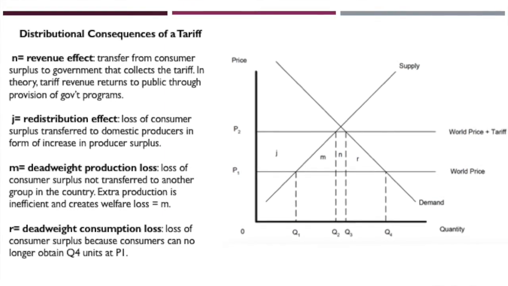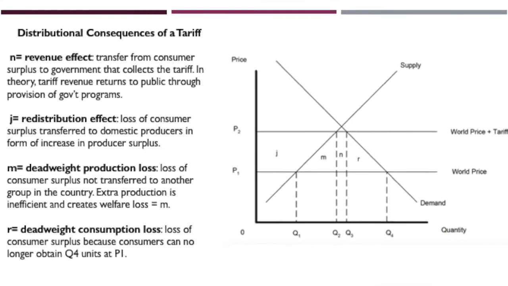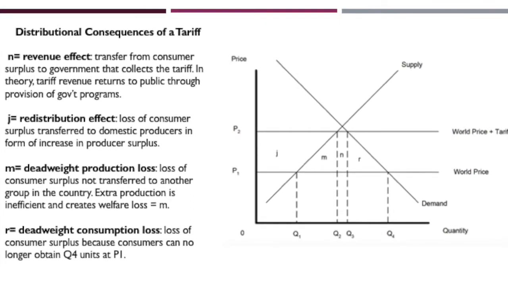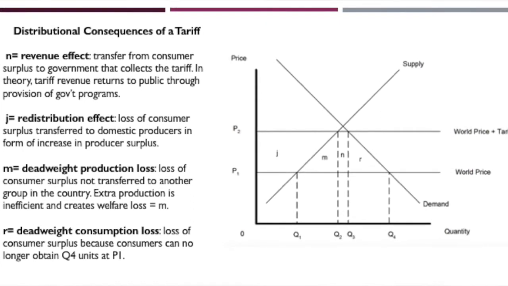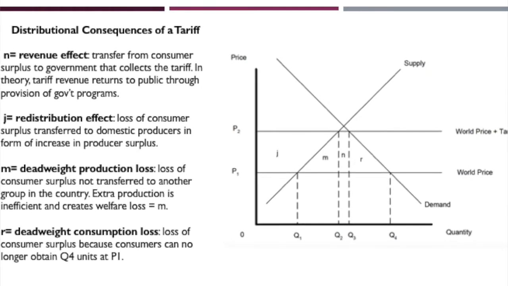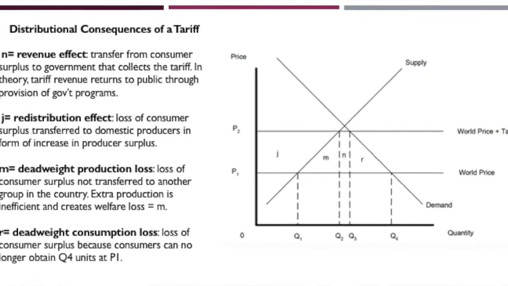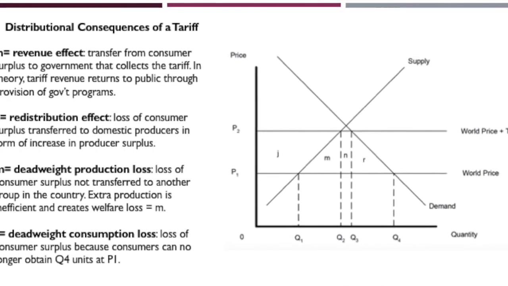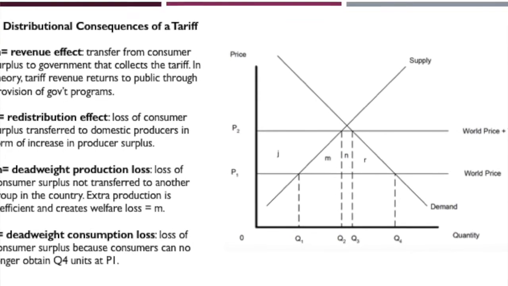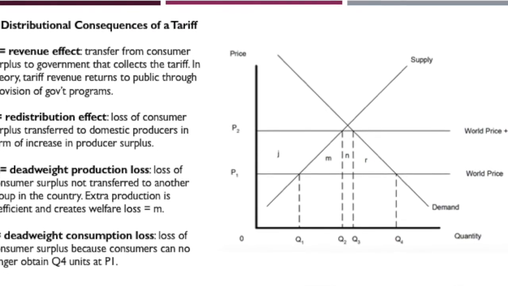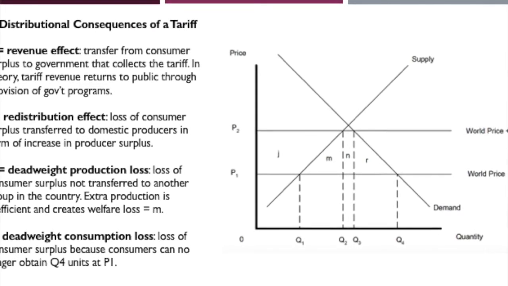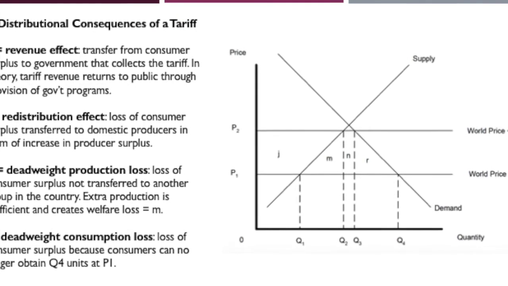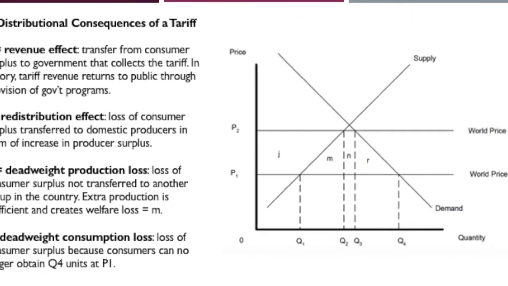So let's start on the left side, this area J, this sort of trapezoid looking thing, parallelogram, I don't know what it is, but it's this area bounded by and signified by the letter J. This is a redistribution effect. This is a loss of consumer surplus, so a loss from consumers who, under free trade, got all these goods for cheap from abroad.